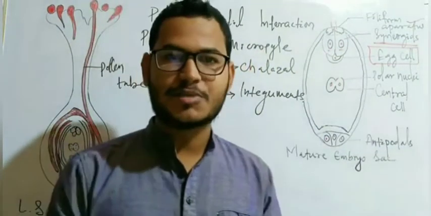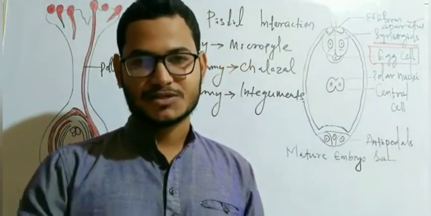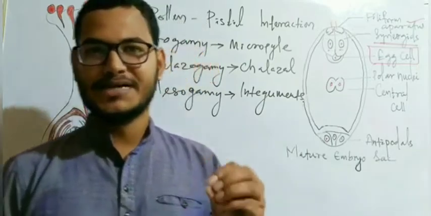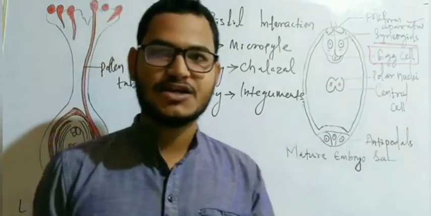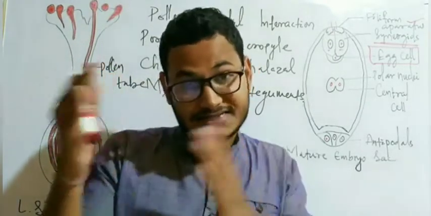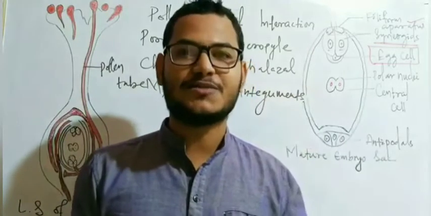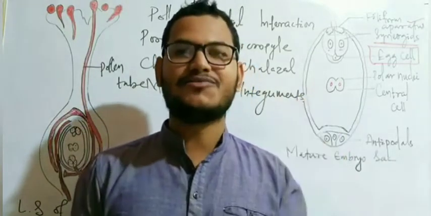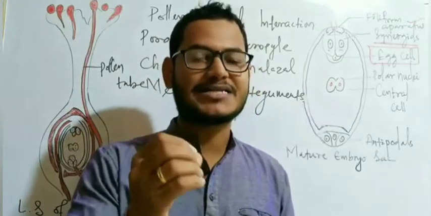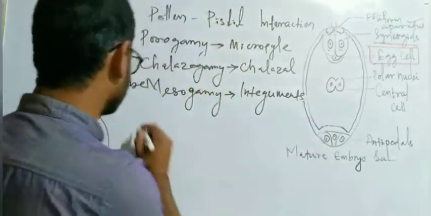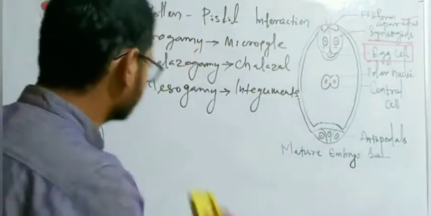Now let's discuss artificial hybridization. In artificial hybridization, a breeder crosses different species and even different genera, to combine desirable characters to produce a commercially superior variety. So it is called artificial hybridization.